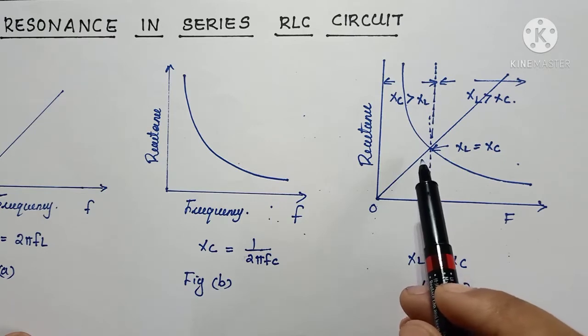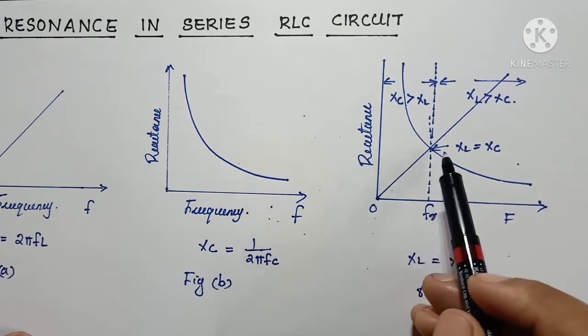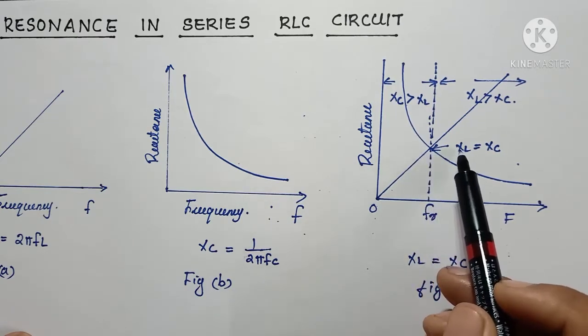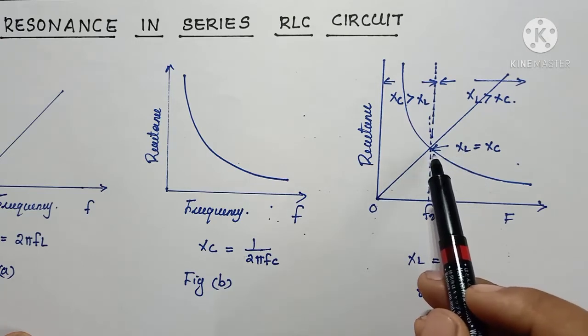After this point, XL will become equal to XC.